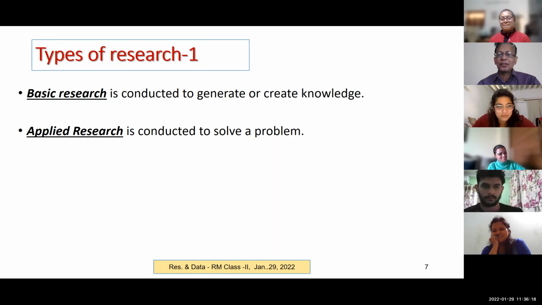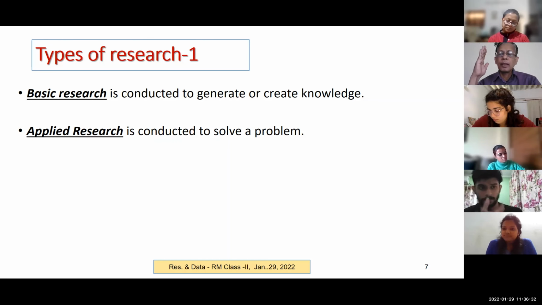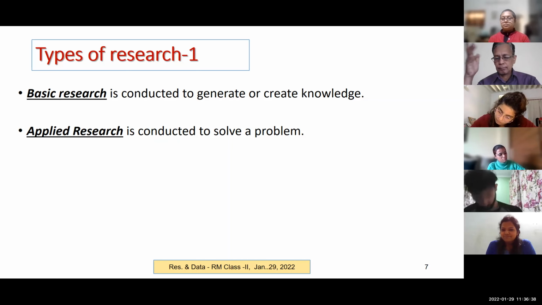There are two differences, no? Basic research and applied research. So basic research is aimed at generating new theorems, rules, axioms, ideas, like Maslow's property, whatever you have read.